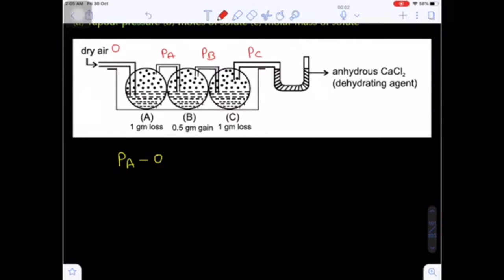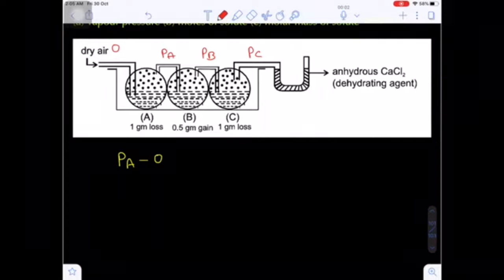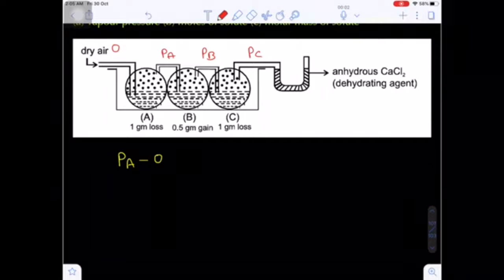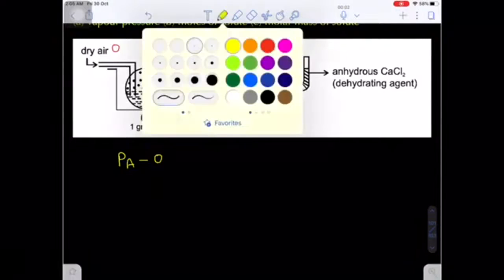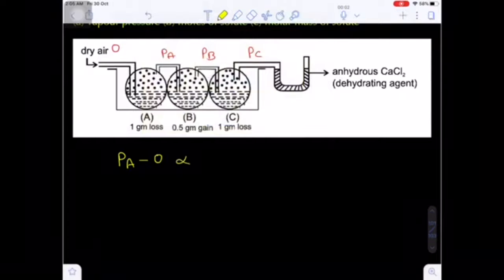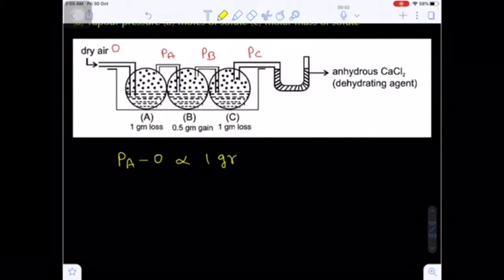Weight loss, in the sense that the vapor pressure PA will be greater than 0. So the difference PA minus 0, that is PA, is directly proportional to the weight loss, that is nothing but 1 gram. Yes or no? Let's suppose this will be the first equation.